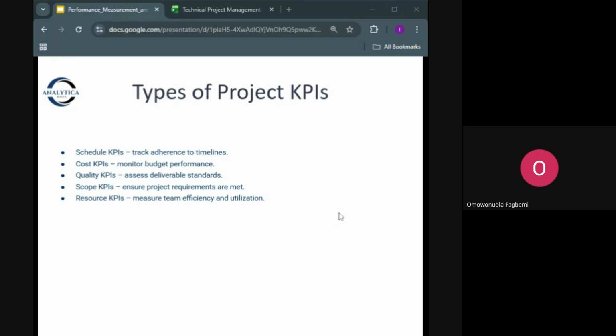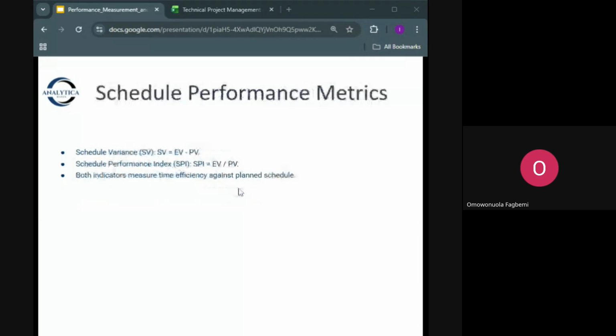Are our engineers and suppliers performing efficiently? So each one helps to paint a full picture of project performance. Okay, so these are the types of project KPIs that we have. Next, let's go to schedule performance metrics.